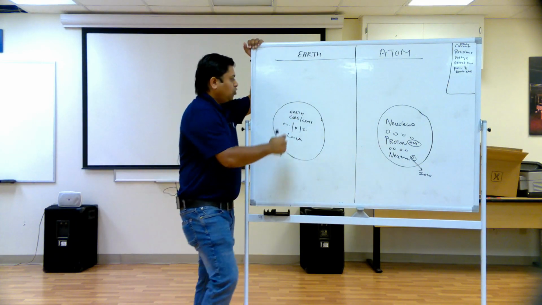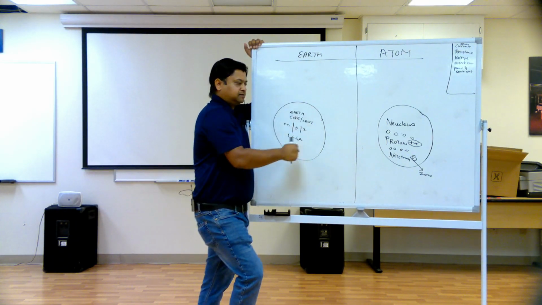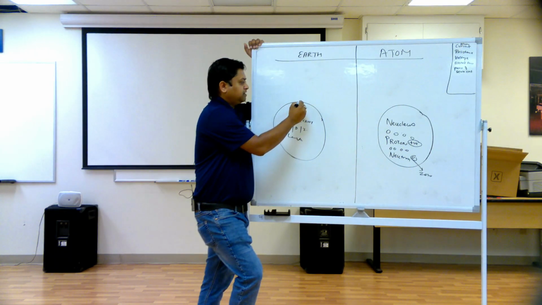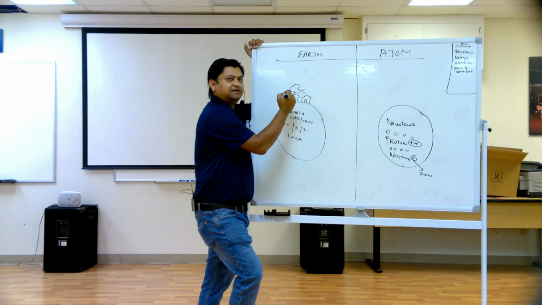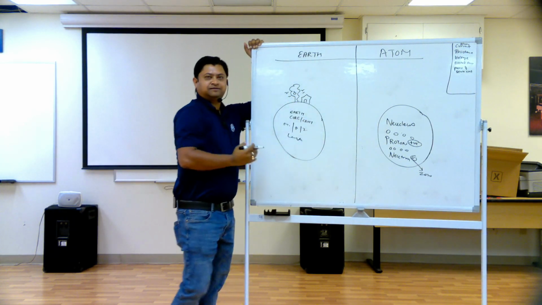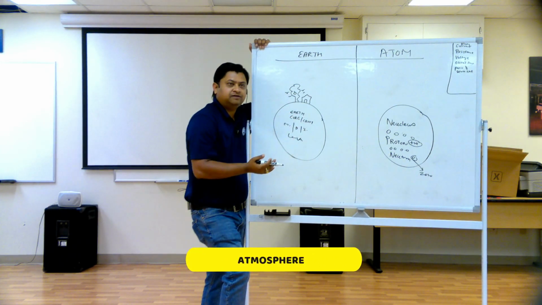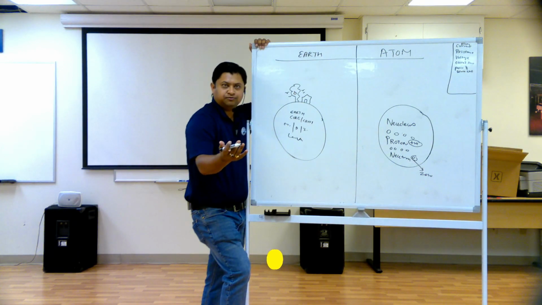Now tell me, what is there outside the Earth's crust? We are living here. We have houses, trees, birds flying by, and fruits we eat. So what is surrounding the Earth? Exactly, the atmosphere. The atmosphere has different layers.